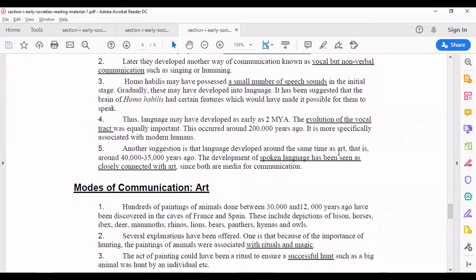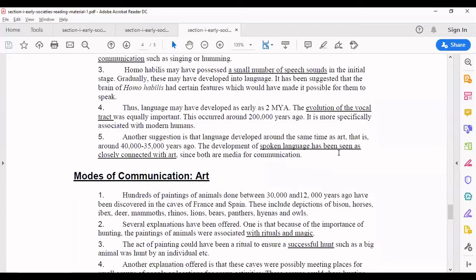Homo habilis possessed a small number of speech sounds in the initial stage, and gradually they developed into a language. There is a suggestion that the brain of Homo habilis had certain features which would have made it possible for them to speak.